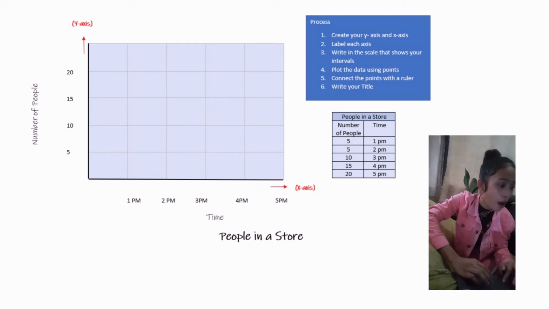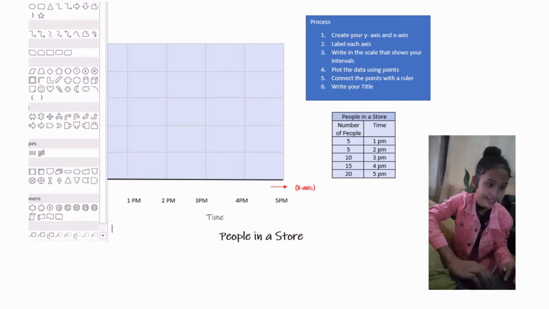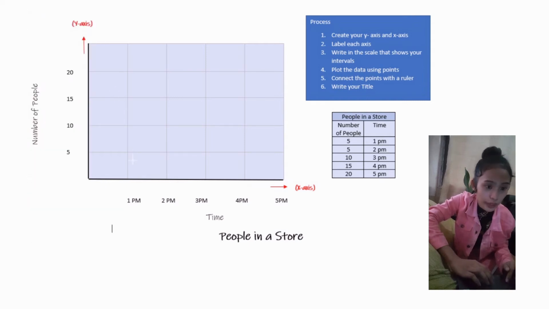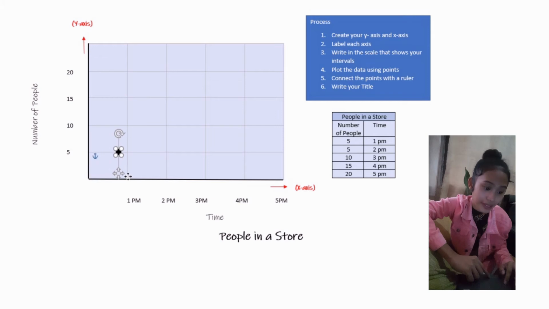Next, you have to plot the data using points. Go to Insert and find the dot. At 1 p.m., there are 5 people. You are going to place it at 5 and 1. At 2 p.m., there are 5 people in the store.